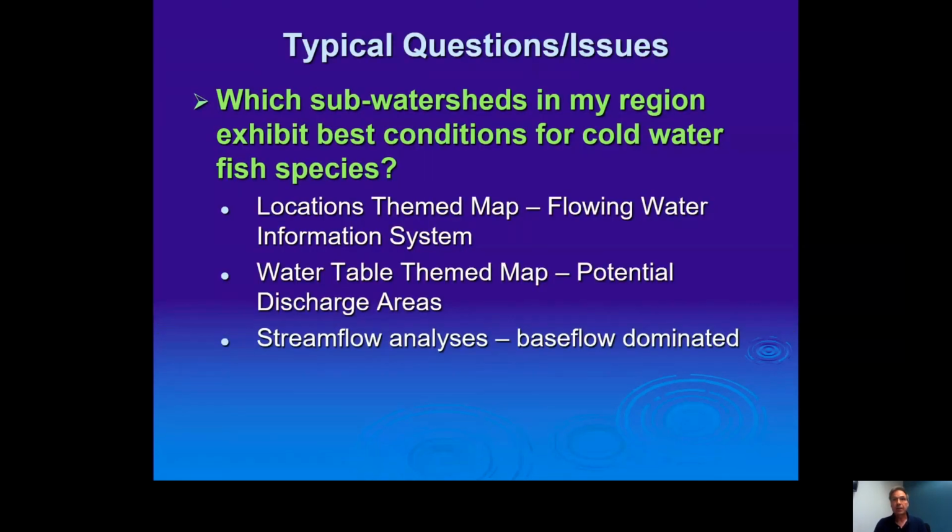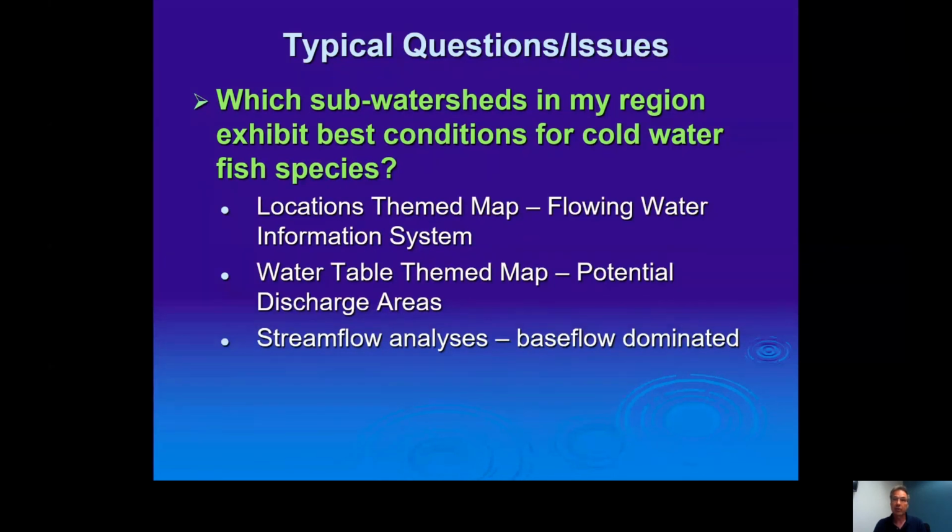Another kind of question that people might ask is, what if you have an interest from the Conservation Authority point of view of what sub-watersheds might be exhibiting the best conditions for cold water fish? So what data can we turn to from the site? You can again go to the location themed map and look at the flowing water information system that's held at the University of Waterloo.